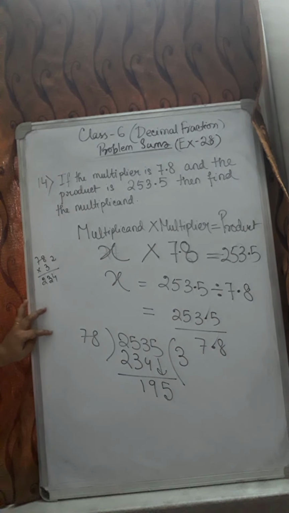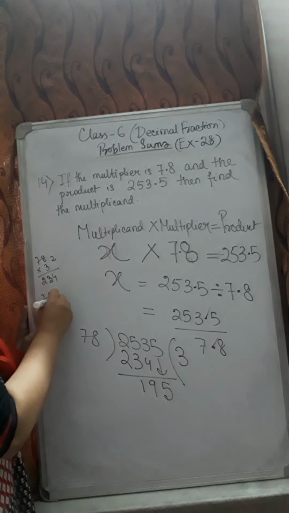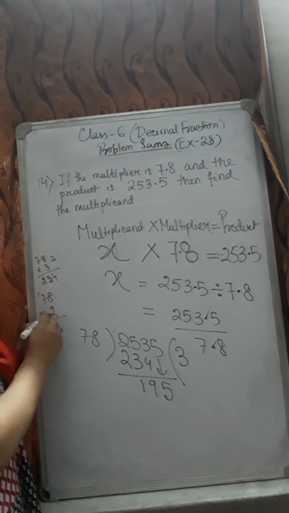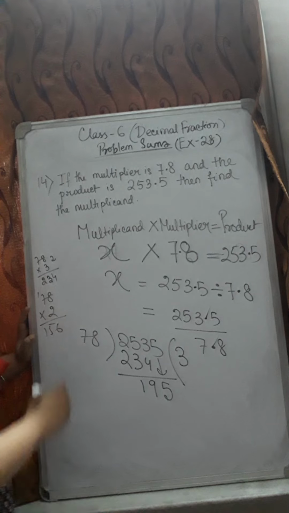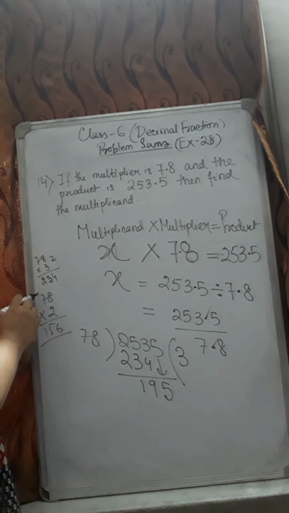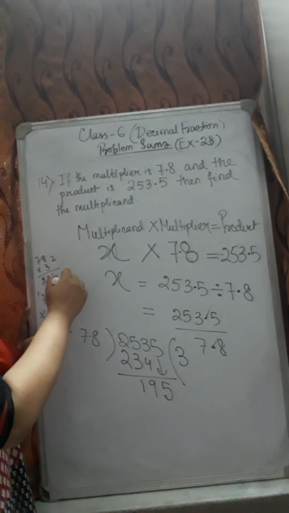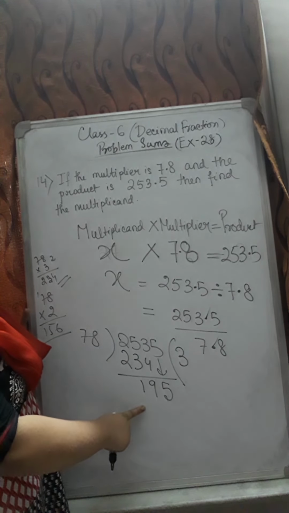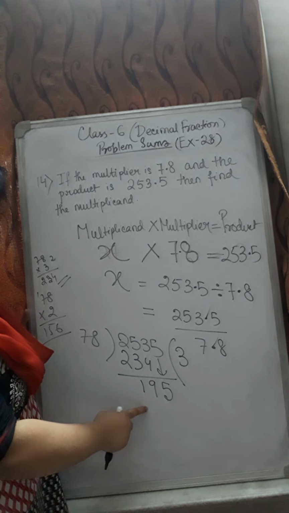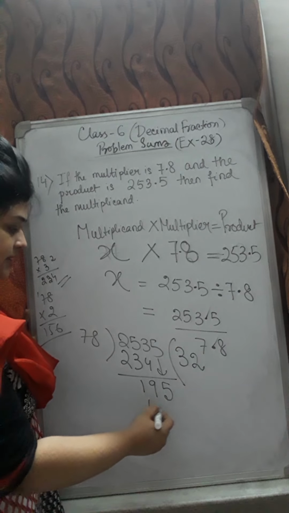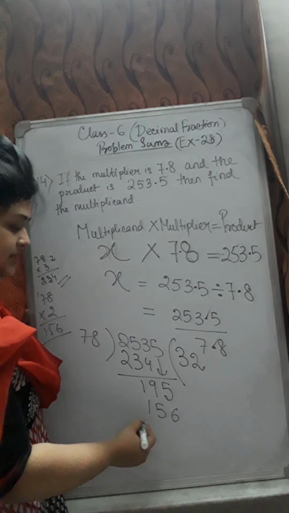Now 78 into 2, try it out. 78 1s are 78, 2s are 156. We cannot take 78 into 3, because it is 234, exceeding the number. So we take 78 into 2, giving us 156.